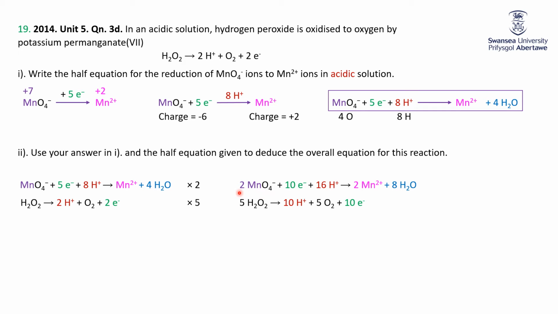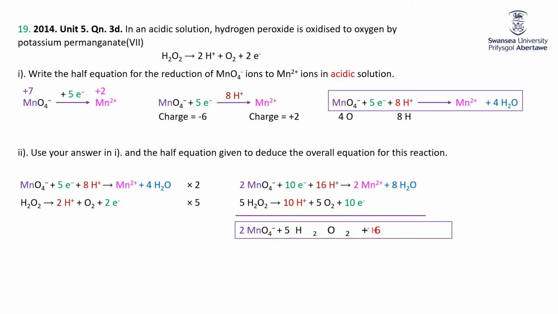So look at the reduction one, you've multiplied everything by 2. Look at the oxidation one, you've multiplied everything by 5. Now when we put them together, the electrons will cancel out, and also some of the hydrogens will cancel out, because we got 16H plus on the left, 10H plus on the right.